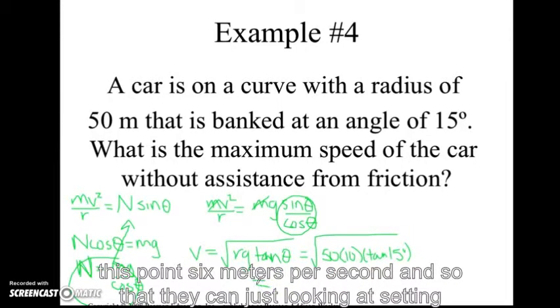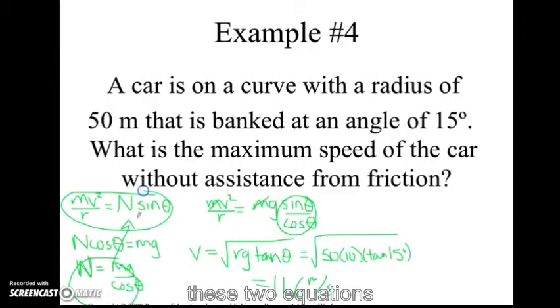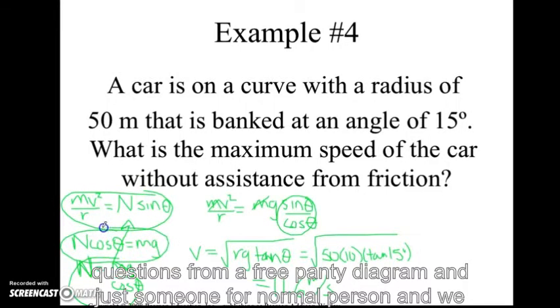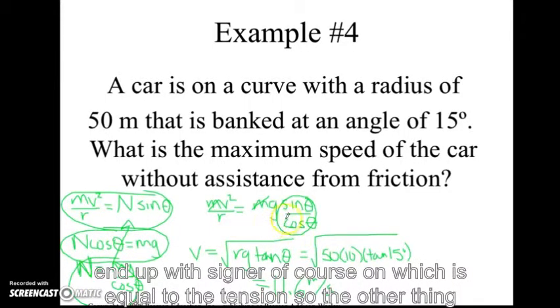And this is going to give me 11.6 meters per second. Okay, so the big thing again is setting these two equations. These are the two equations from the free body diagram, and we just solve one for the normal force and plug it in. And we end up with sine over cosine, which is equal to the tangent.